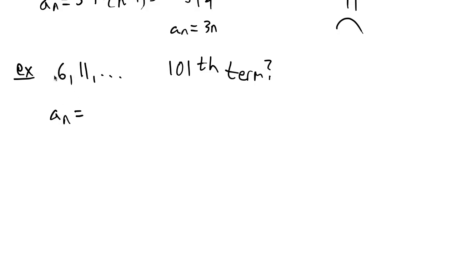The explicit form is whatever the first term is plus n minus 1 times the common difference. What's the difference here? It's 5. So this is our explicit form.